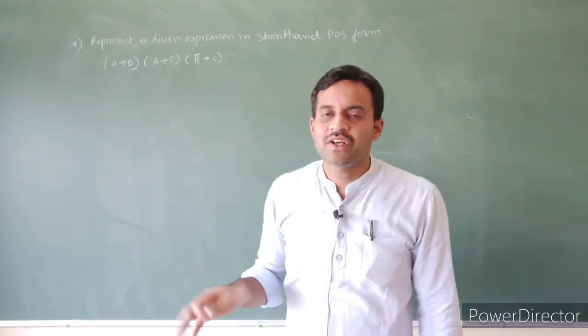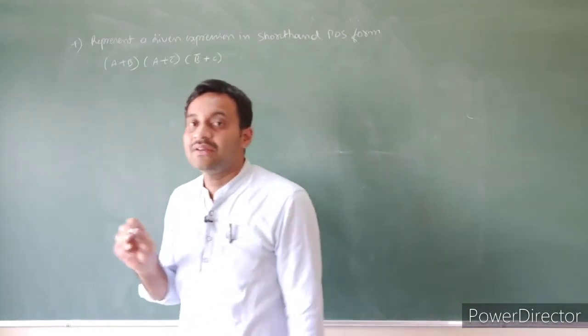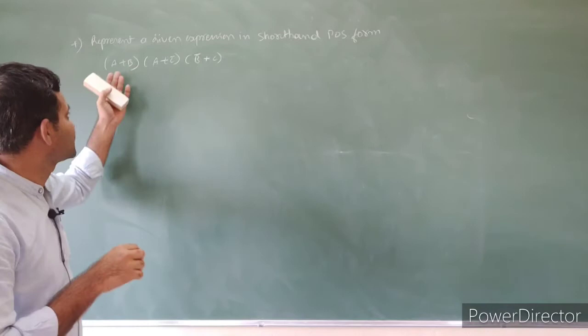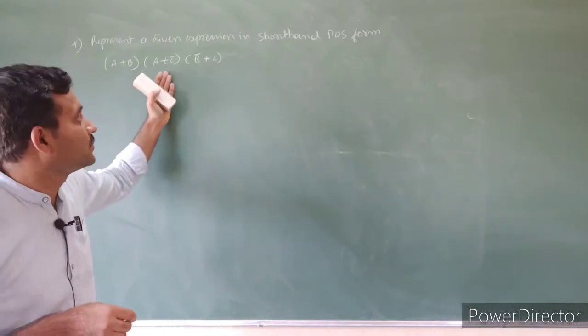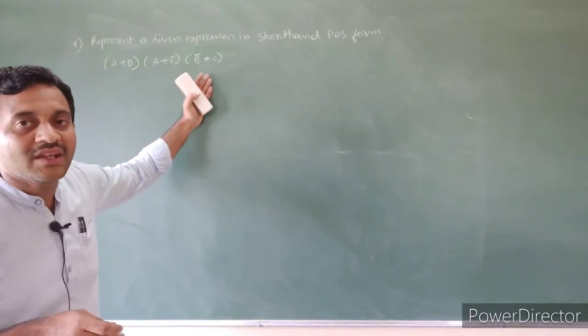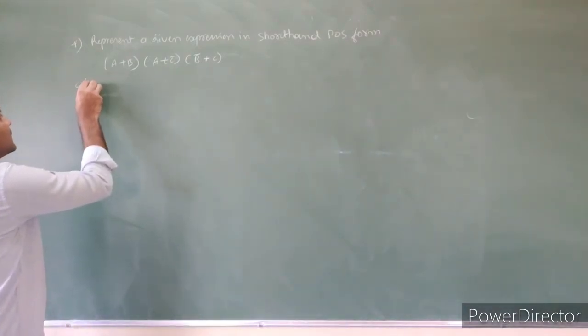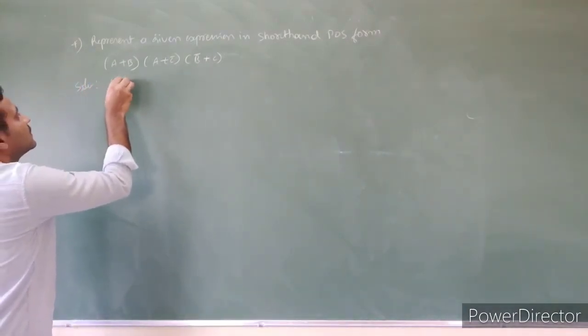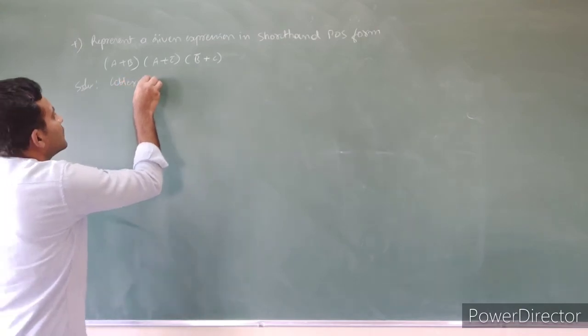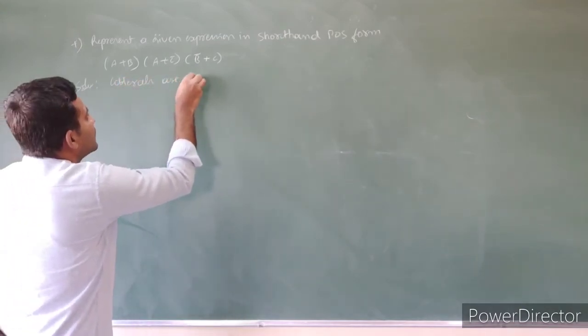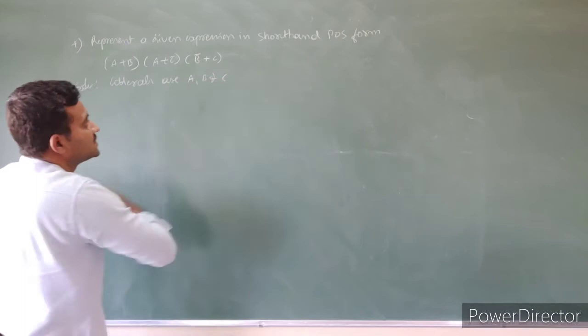In each sum term, some literals are missing. See here, in the first one, C is missing. In the second one, B is missing. In the third one, A is missing. Just list the literals. Literals are A, B and C.